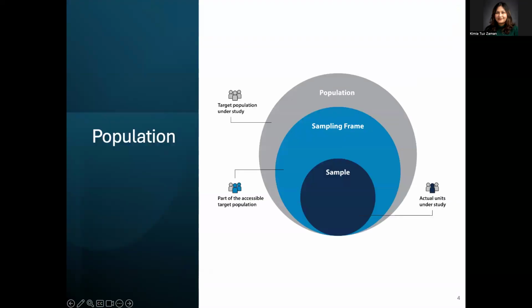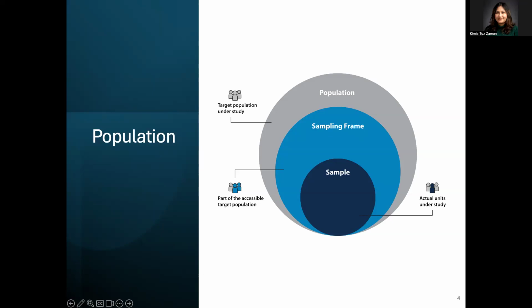On this slide, you can see there are three nested circles. The population is everyone we want to make claims about, say all the US adults who bought detergents this year. The sampling frame is the practical list we can actually draw names from, like a customer file or a panel roster.